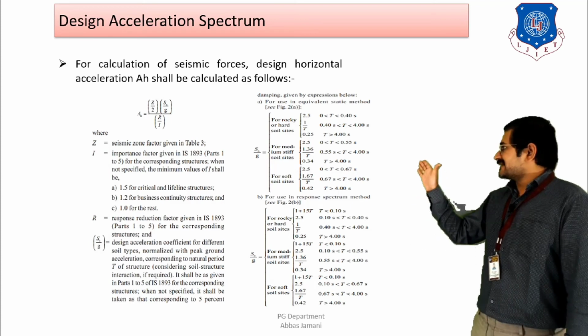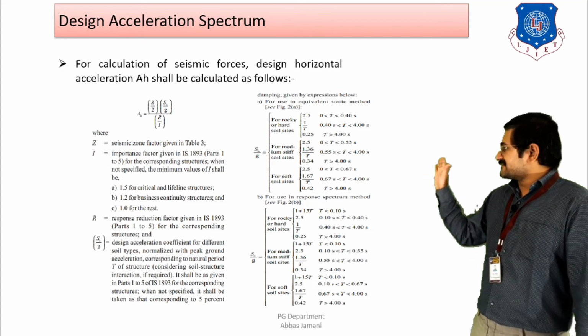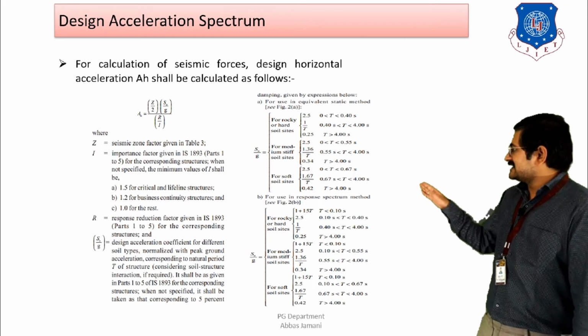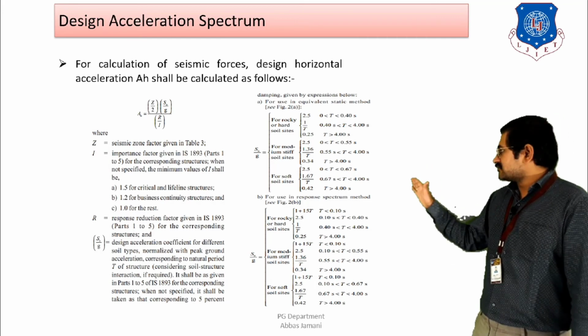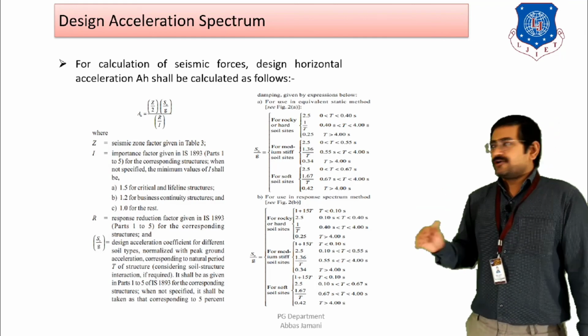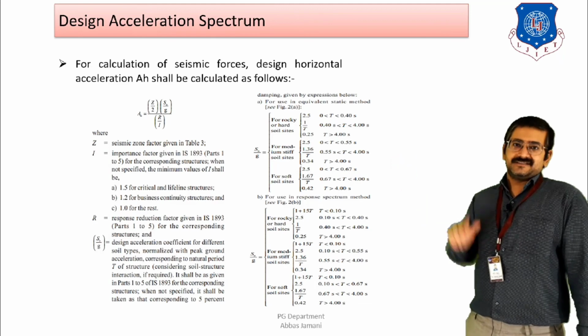Second case is the medium category of soil, where the time period range is given as 0 to 0.55, 0.55 to 4 seconds, and greater than 4 seconds. And lastly, if I talk about the soft soil, then 0 to 0.67, 0.67 to 4 seconds, and greater than 4 seconds. For all these 3 different categories and different time periods, the value of SA by G is given over here.